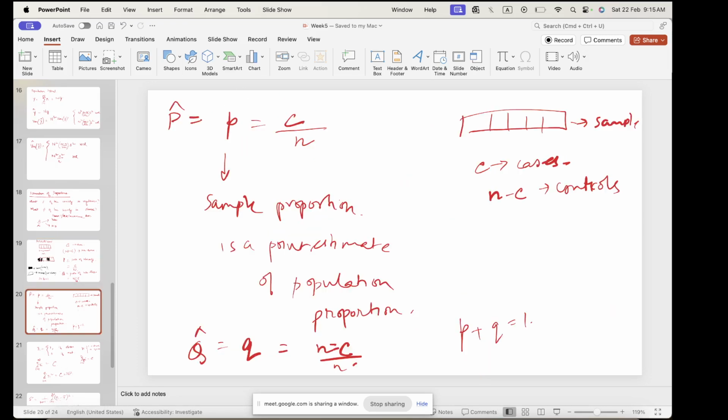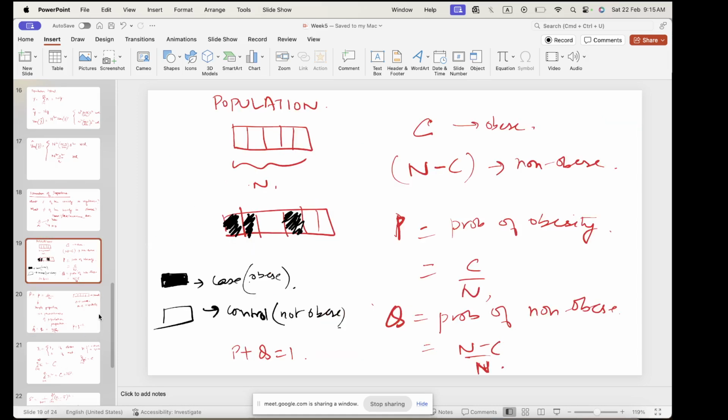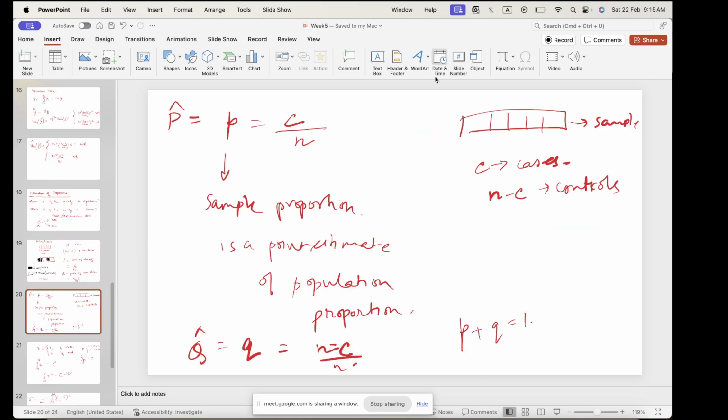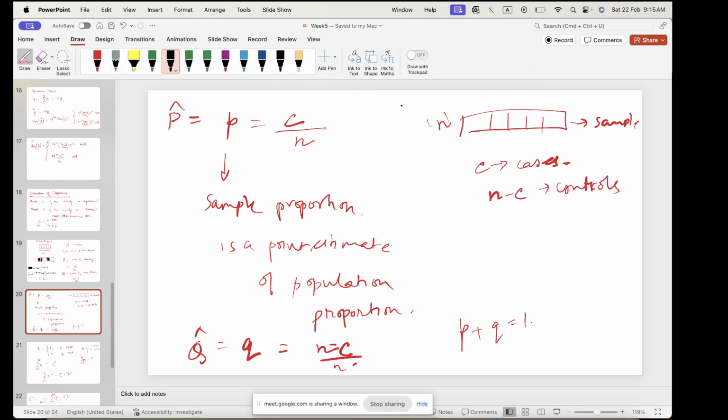Now from this population, if I sample a small n number of individuals, and out of these small n, let's say small c number of people are cases and n minus c number of people are controls, then small p would be my sample proportion, that is small c by small n.